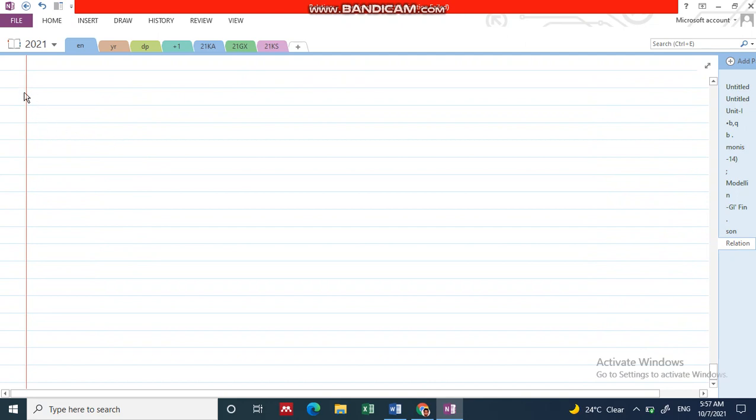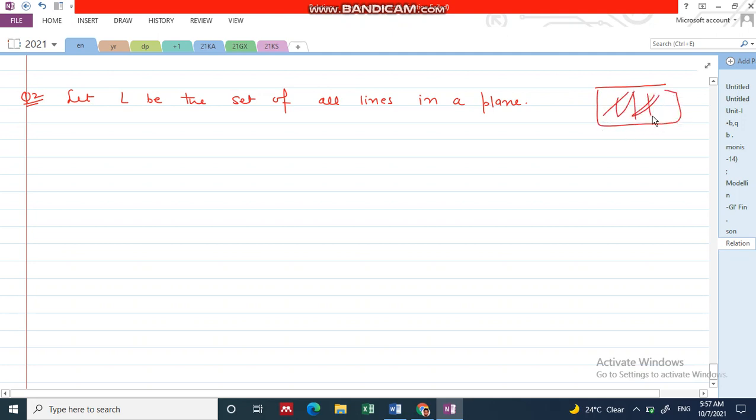The next question is: let capital L be the set of all lines in a plane. Suppose that this is a plane; there may be many lines in this plane, like this.